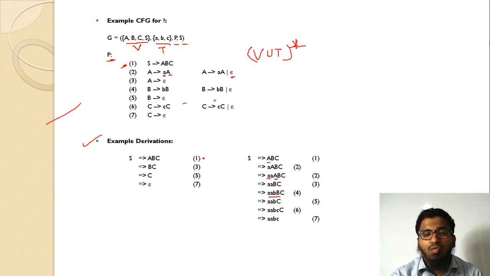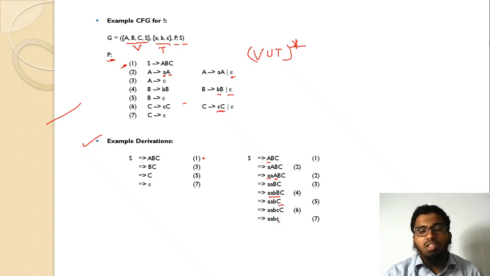Then after that we applied this epsilon. When we apply the epsilon, aab, now the C is there. Next, aabC. In place of this C, I am writing small c and capital C. Okay, this we got. From here, if C is epsilon, this is our final answer, that is aabc.